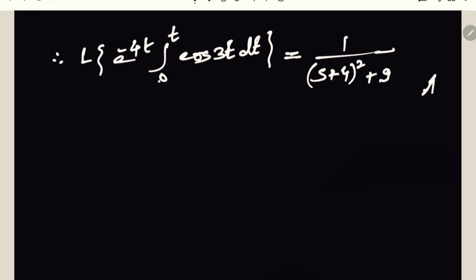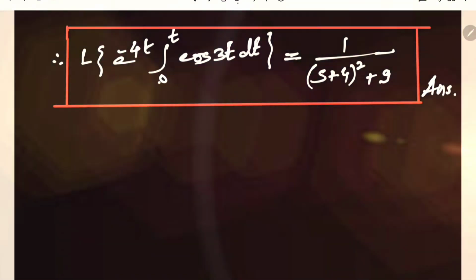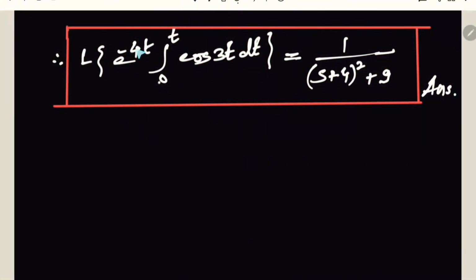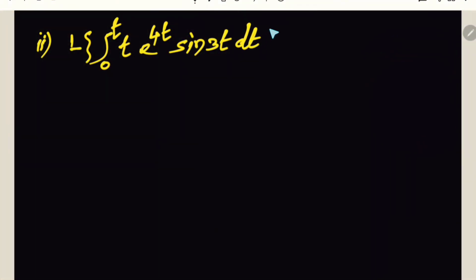Therefore, we are applying two important theorems to find the Laplace of this given example. Then we go for the second. Find Laplace transform of integration from 0 to t of e raised to 4t and sin 3t. Again we go from right to left direction.